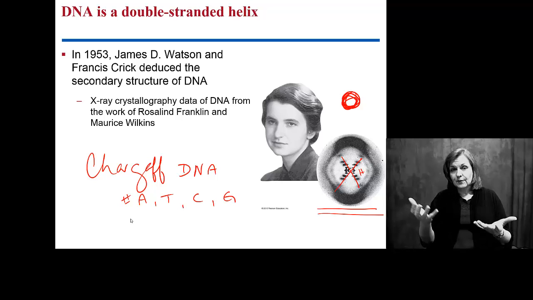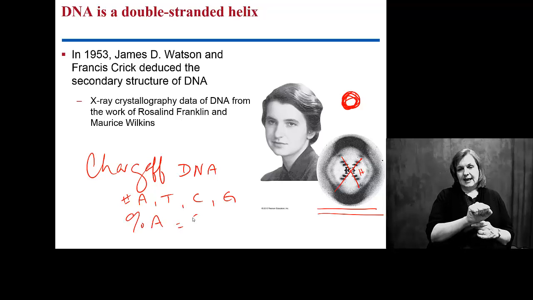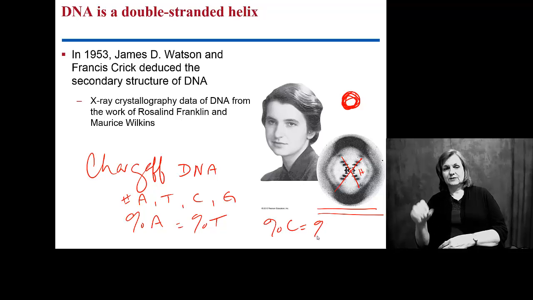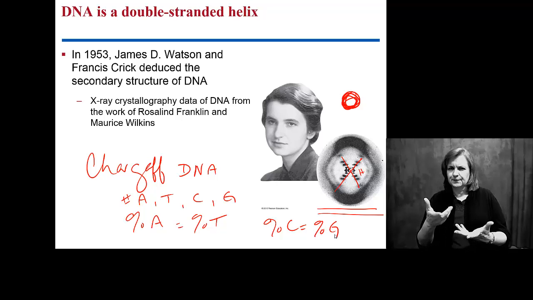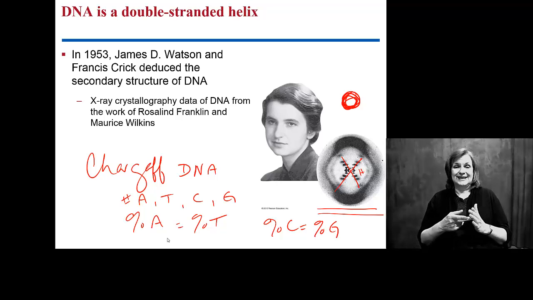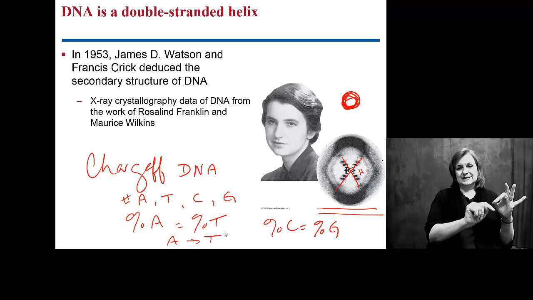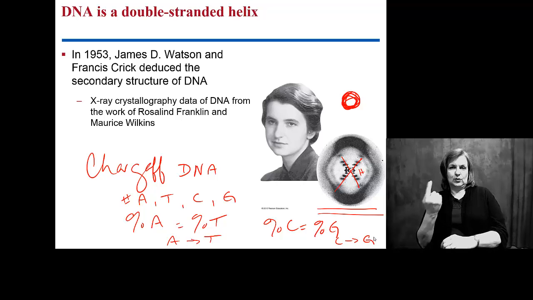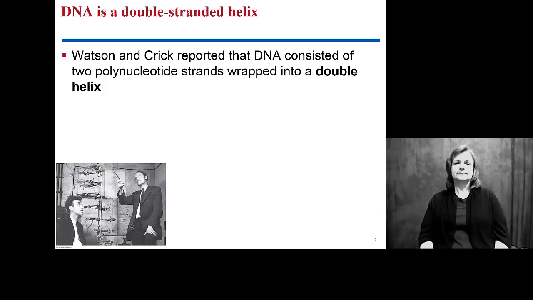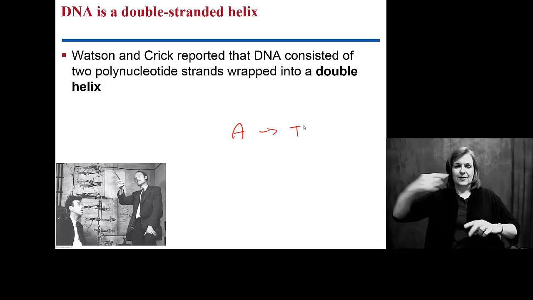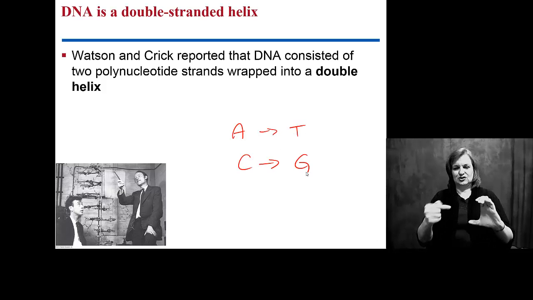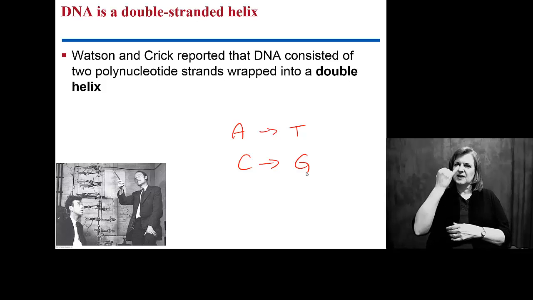And what he found was the percentage of A equals the percentage of T, and the percentage of C equals the percentage of G. So what does that mean for you about the DNA structure? Well, it should mean to you that A pairs with T and C pairs with G. So when this double helix first came out, thinking about A pairing to T and C pairing to G was something relatively novel, of course.